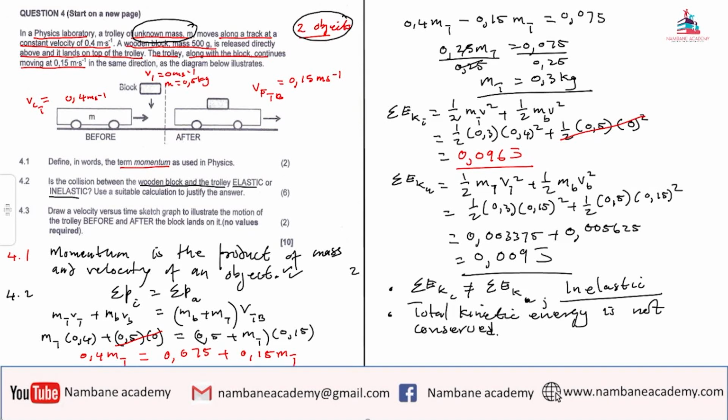You can basically and easily say that. So this is one of the questions that I feel the examiners will always be asking: prove whether the collision is elastic or inelastic. The only way of doing that, you cannot compare the momentum, but you can only compare the sum of the kinetic energy before and the sum of the kinetic energy after.